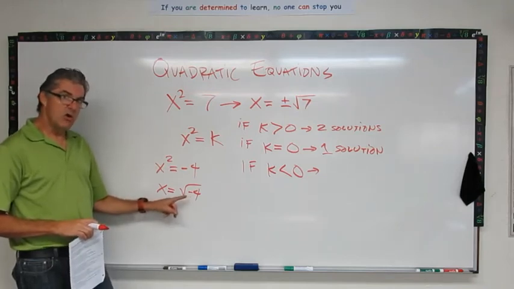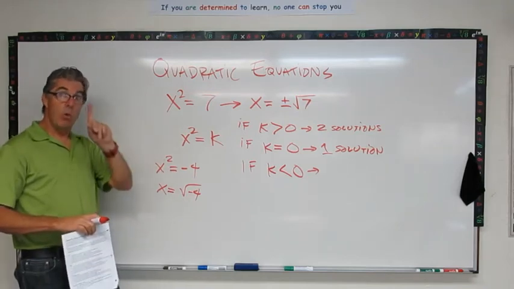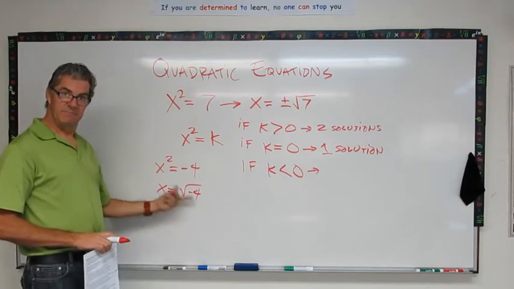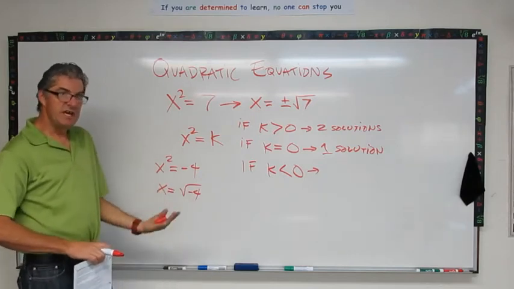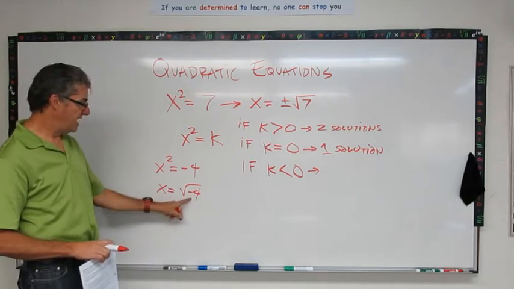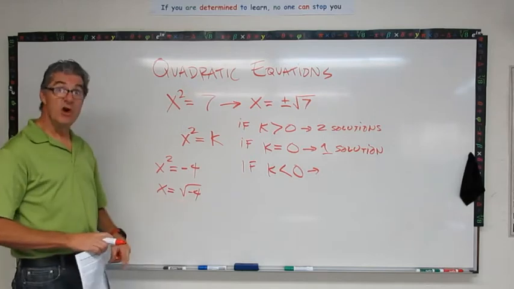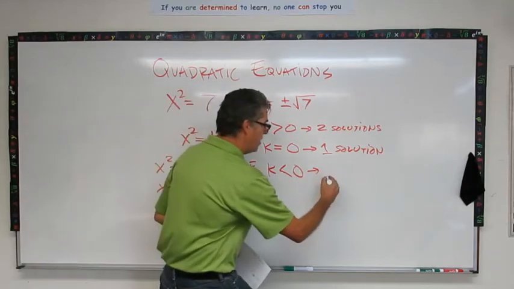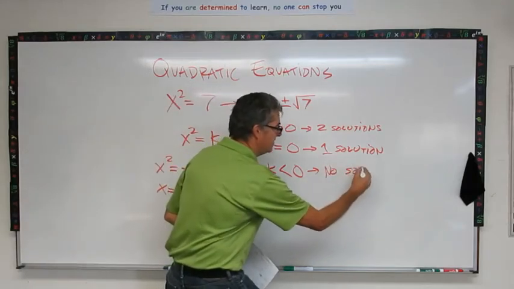So there is no one number times itself that makes a negative. It just doesn't work. Negative 2 times negative 2 is positive 4, not negative 4. So in this case, there's no solution. So when k is less than 0, when k is negative, there are no solutions.